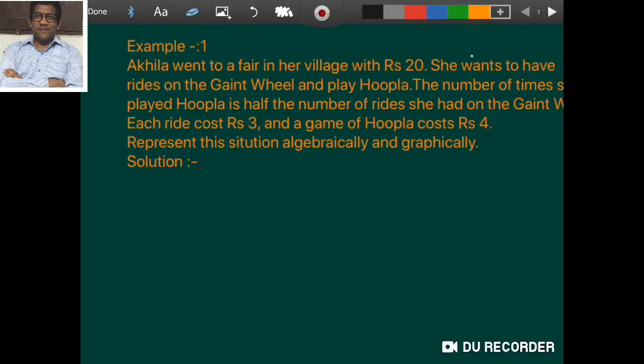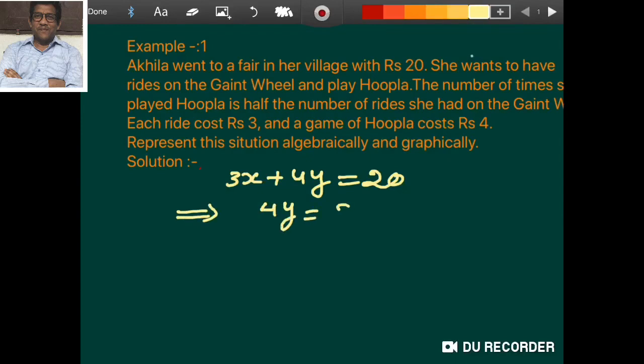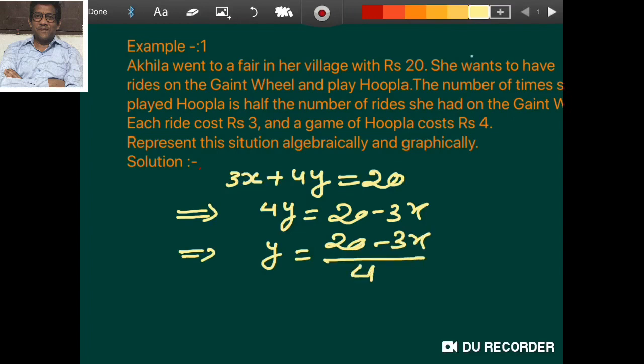Now we consider equation number 2: 3x plus 4y is equal to 20. Now express it in terms of x, that is y is equal to 20 minus 3x upon 4.